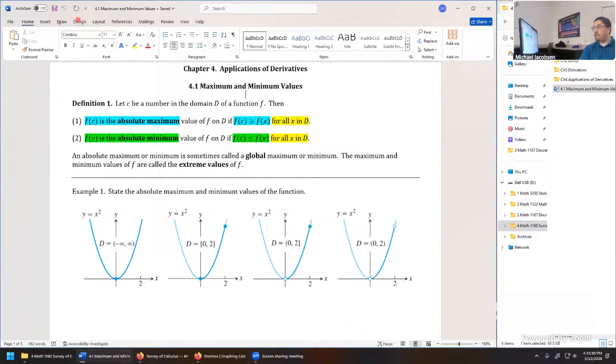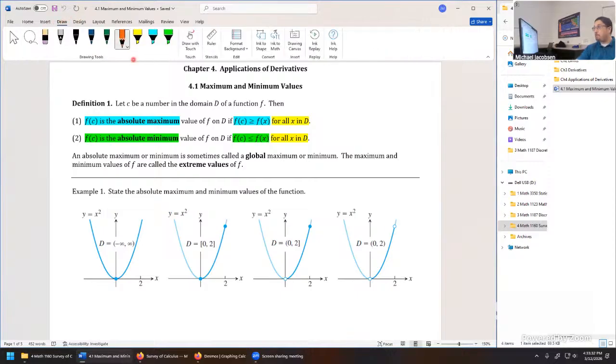And right away, one big takeaway here is whenever we say absolute maximum or minimum, notice it's not talking about the input c. It's not the value x on the x-axis. When it says f of c, it's the entire output. It's a value on the y-axis we're referring to.